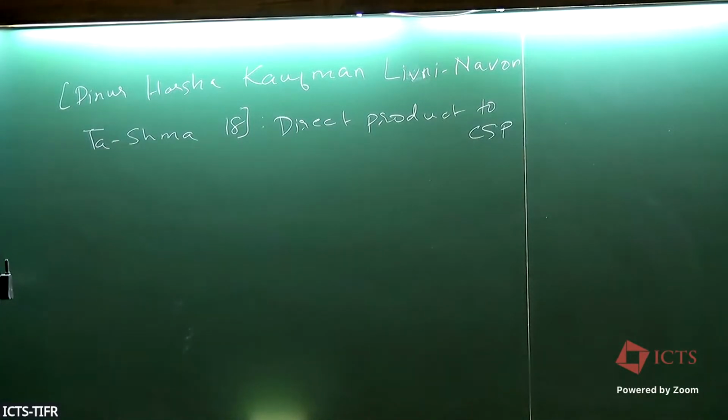Agreement testing is like a CSP on two things. You want to make sure that what this set is telling you is consistent with what some other set is telling you. We'll take a slightly different route.